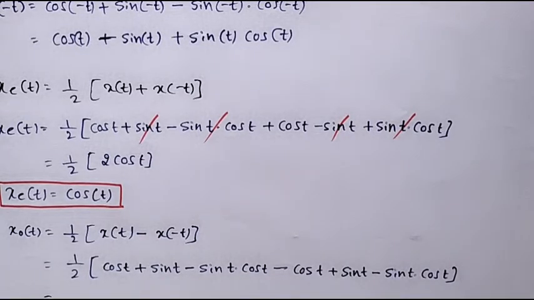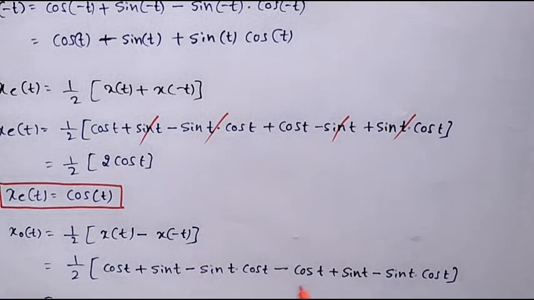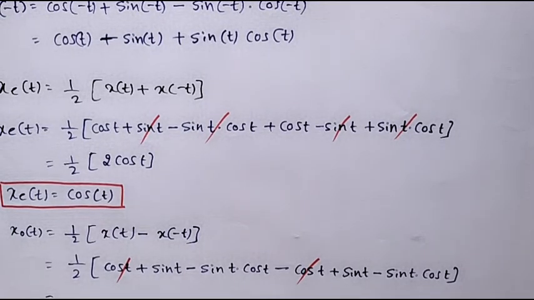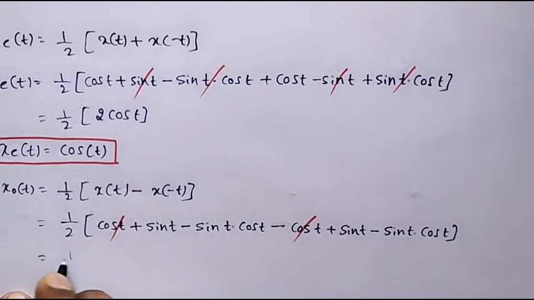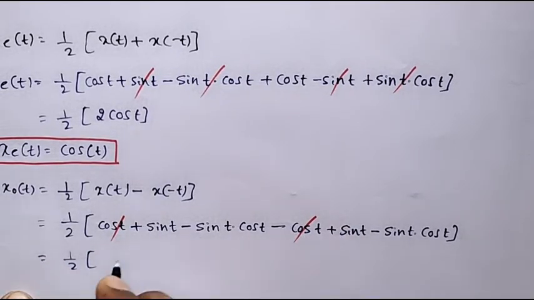Therefore simplifying here, cos t and this cos t will get cancelled, sin t and sin t will become 2 sin t, and sin t into cos t will become 2 sin t into cos t. Therefore we'll get here 1 by 2 into sin t minus 2 sin t into cos t.